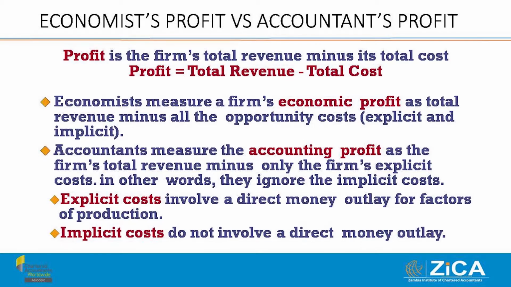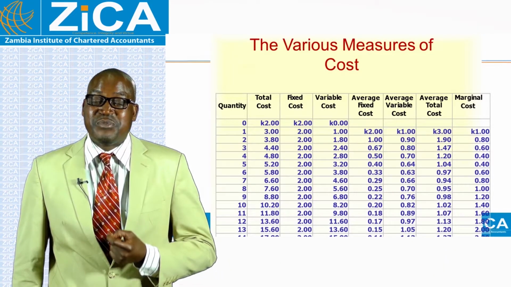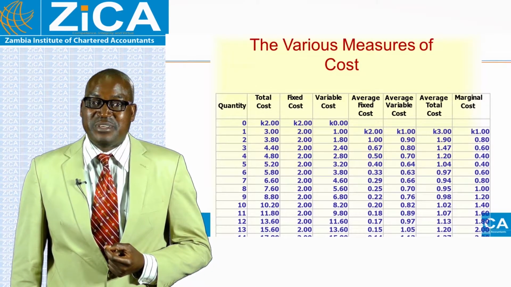In other words, when economists calculate profit, they always take into account opportunity cost, which is the second best alternative that is forgone. For the accountant, profit is simply the difference between total revenue and the total explicit cost. In that sense, the economist's profit will always be lower than the accountant's profit because the accountant will not take into account the implicit cost.